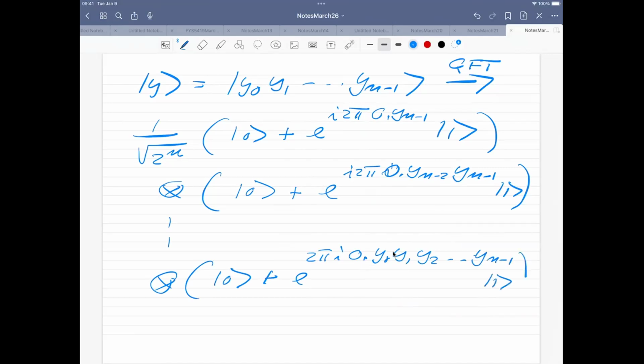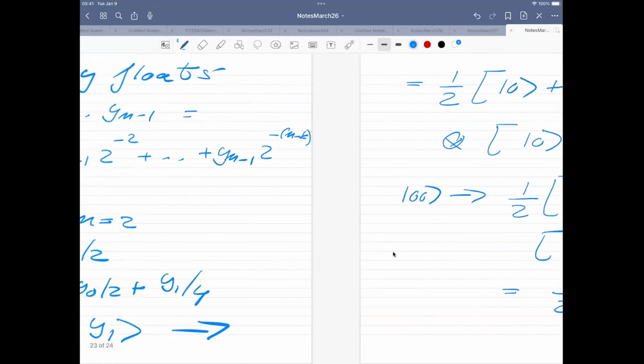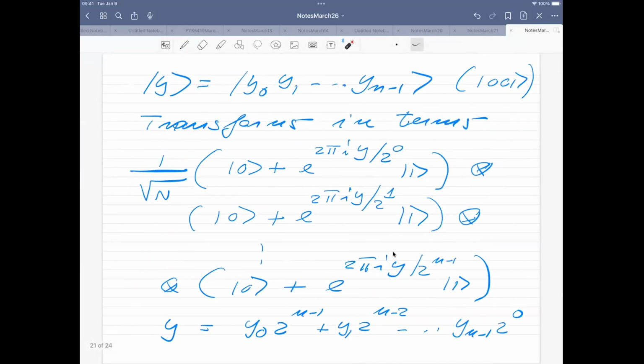And you will see quickly now the reason why we introduce this notation instead of the integer notation. The reason is pretty simple, because with this notation, if you look closely at it, you will see that it contains the factor of 1/2 to the power of something. If you look back at the original notation, we were carrying with us y divided by 2 to the power of something. So this factor can be simplified by switching over to binary floats.